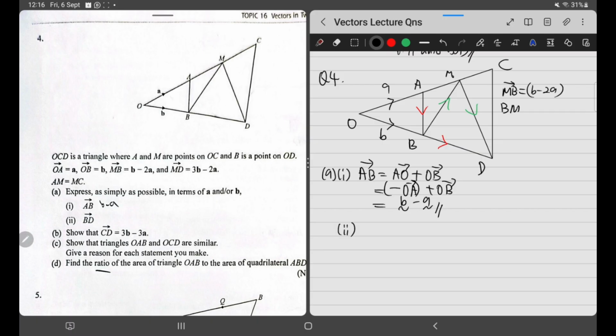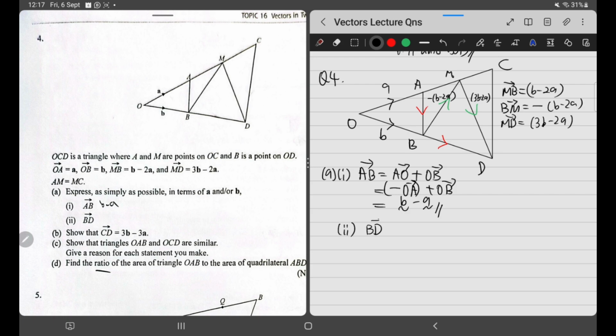Therefore, BM is just negative bracket B minus 2A. So here to here is negative bracket B minus 2A. And then MD is 3B minus 2A. So here is 3B minus 2A.